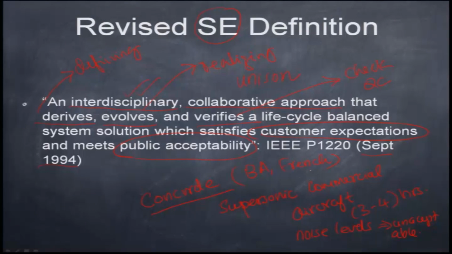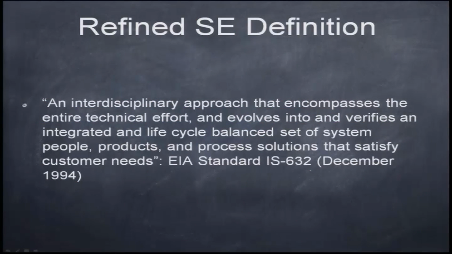Then the definition got refined further. It is in the December 1994 EIA, the Electronic Industries Association, IS-632 standard. The systems engineering definition was further refined to be again an interdisciplinary approach.